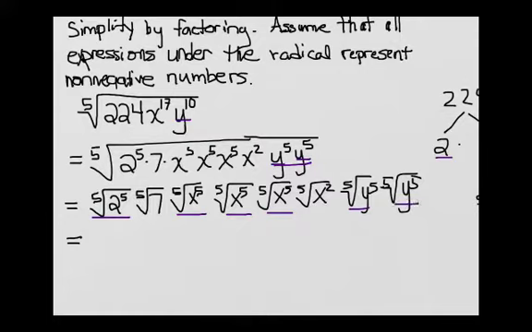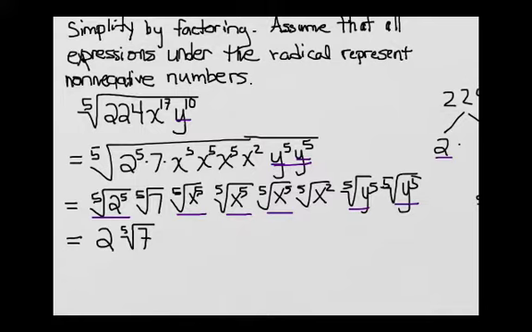Because what does this statement mean, the 5th root of 2 raised to the 5th power? Well, it means that we're looking for the number that can be multiplied by itself 5 times to give us 2 to the 5th power. And that number is 2. The 5th root of 7 is going to stay the 5th root of 7 because there's no way for us to write that number in a simpler form.